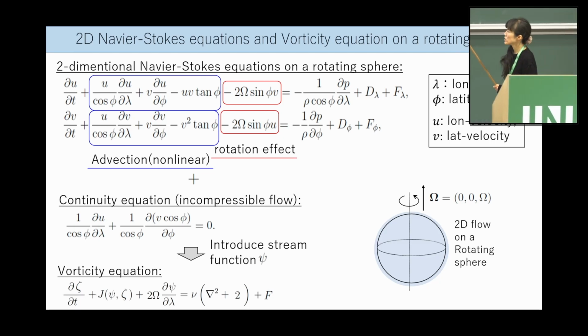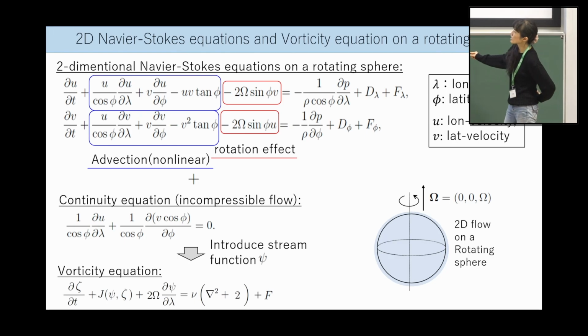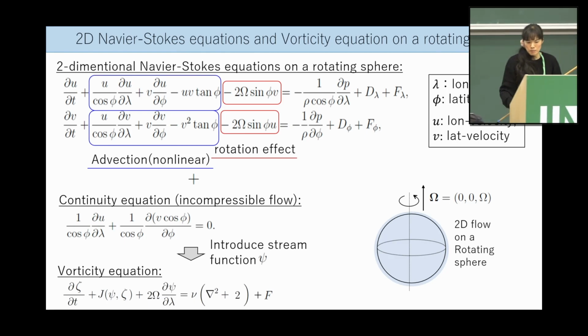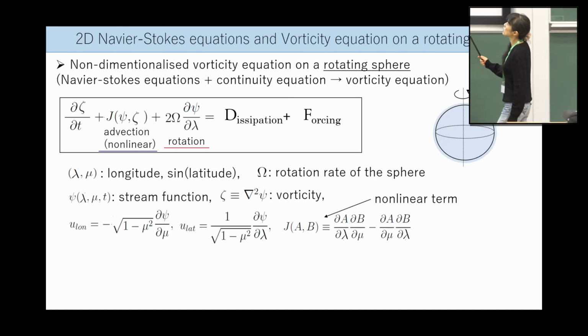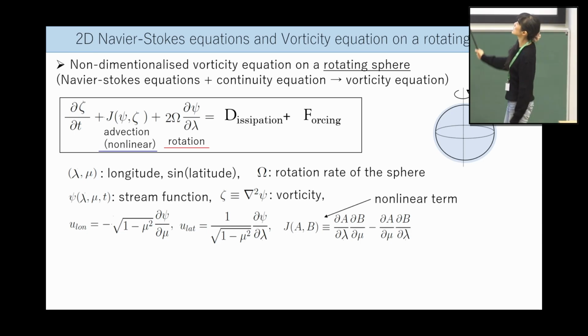So we have three equations, but if we introduce the stream function, these three equations can be compiled into one vorticity equation. So normally, many people use this kind of non-dimensionalized vorticity equation on a rotating sphere. This is equivalent to the use of Navier-Stokes equations plus the continuity equation.